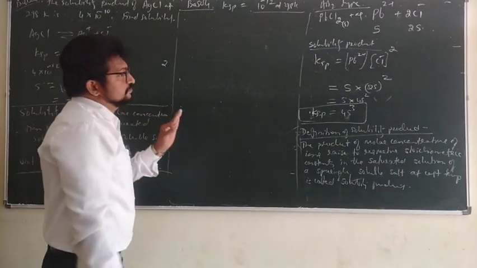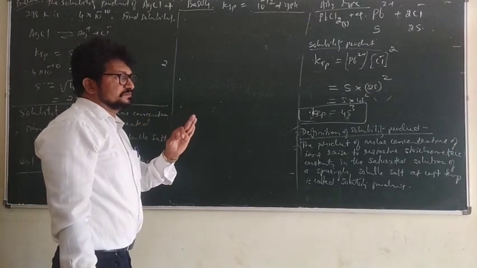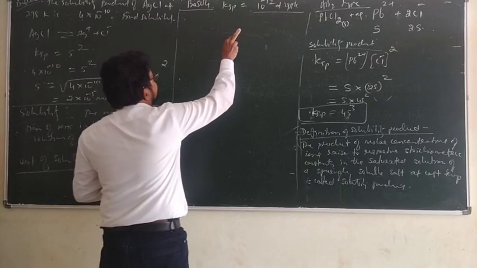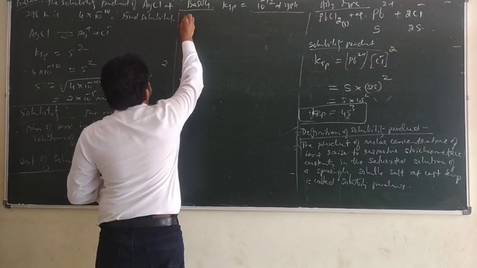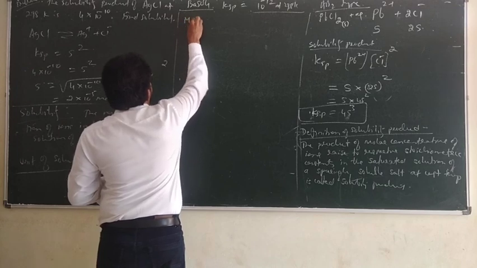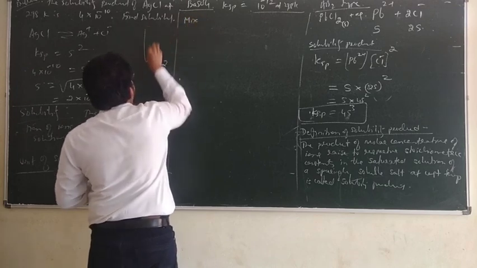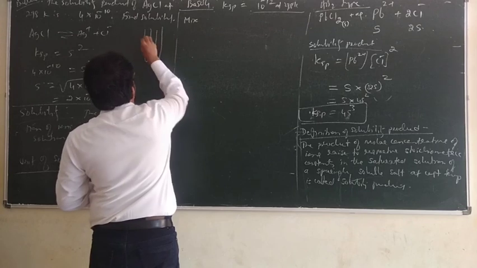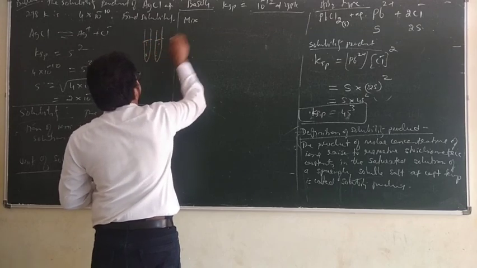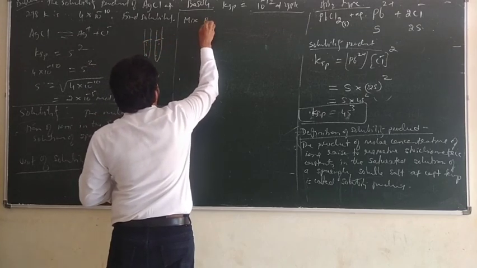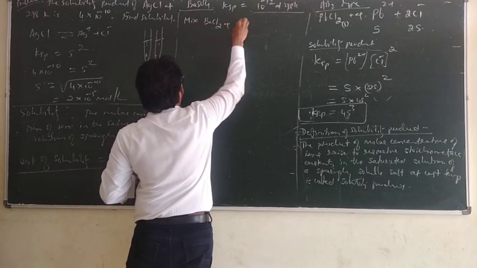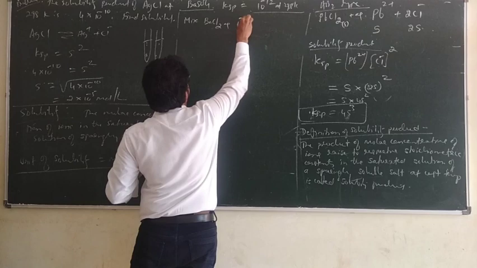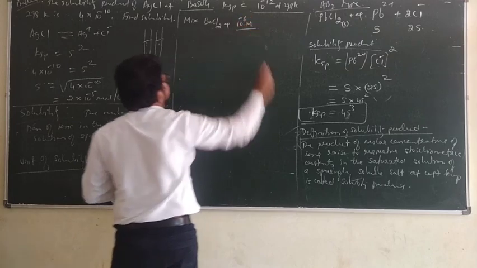Now let me see whether barium sulfate will precipitate. You have two test tubes. One has barium chloride, 10 to the power minus 6 molar.